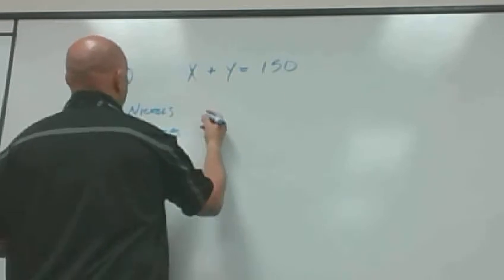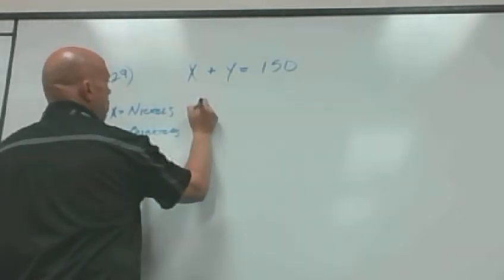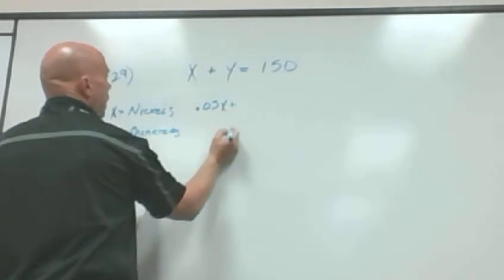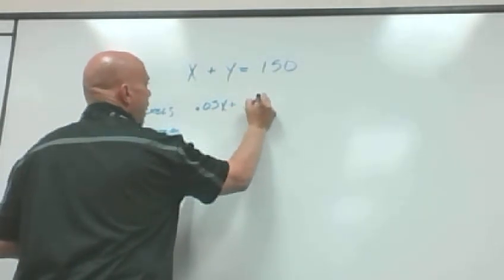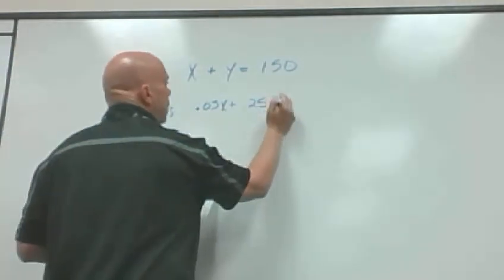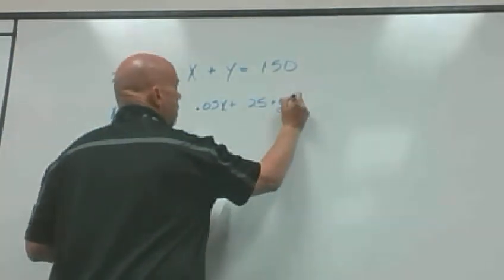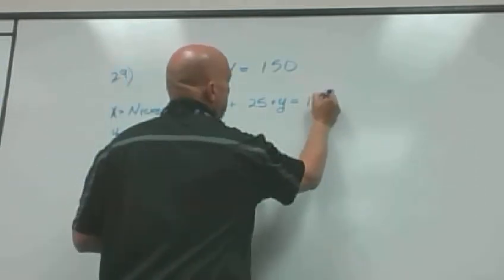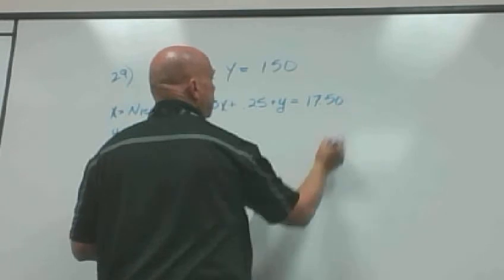So nickels, as we know, are 5 cents each. So I'm going to go 0.05 times x plus 0.25. So in other words, that's 5 cents for each nickel plus 25 cents for each quarter is going to equal $17.50. Now it's a money problem.